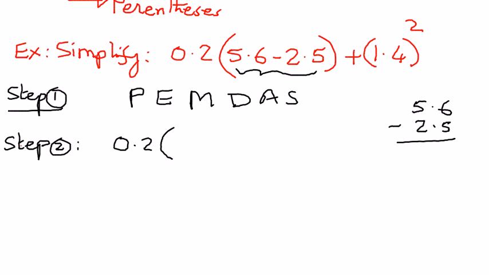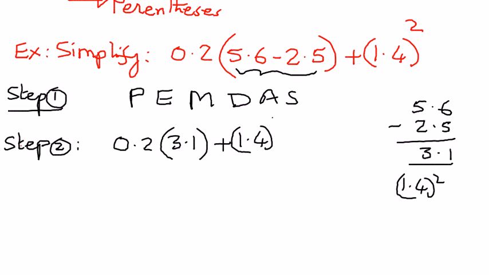We want to simplify that. 6 minus 5 is 1. 5 minus 2 is 3. So therefore 5.6 minus 2.5 is equal to 3.1. Plus we want to expand 1.4 raised to the power of 2. This is the second step, 1.4, the whole thing raised to the power of 2.